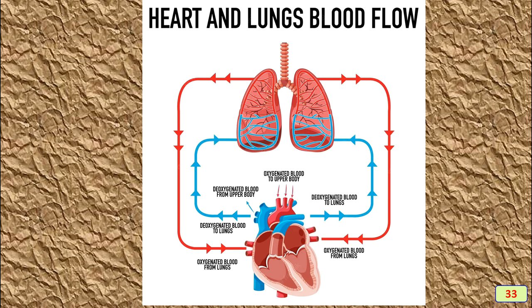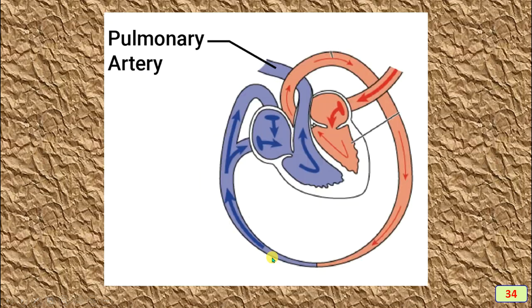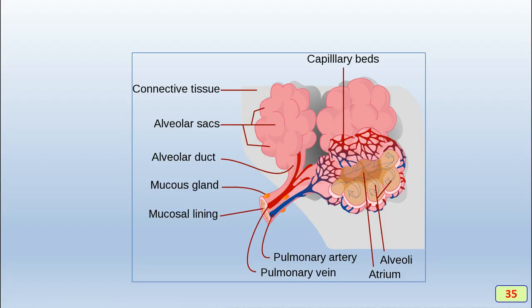Deoxygenated blood will always flow into the lung, and oxygenated blood will come out of the lungs. The pulmonary artery is the exceptional artery which always carries impure blood, whereas all the other arteries in the body carry pure or oxygenated blood.